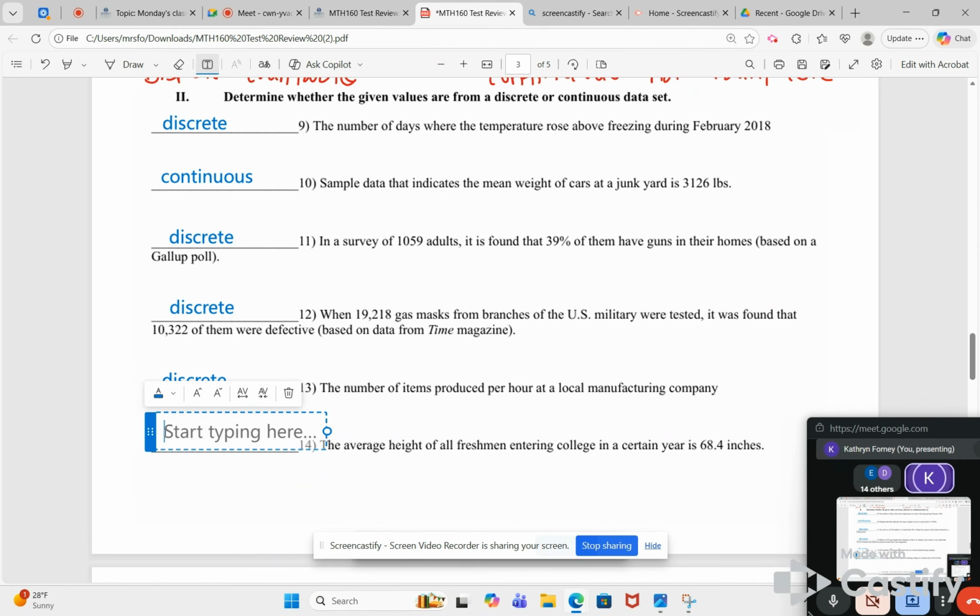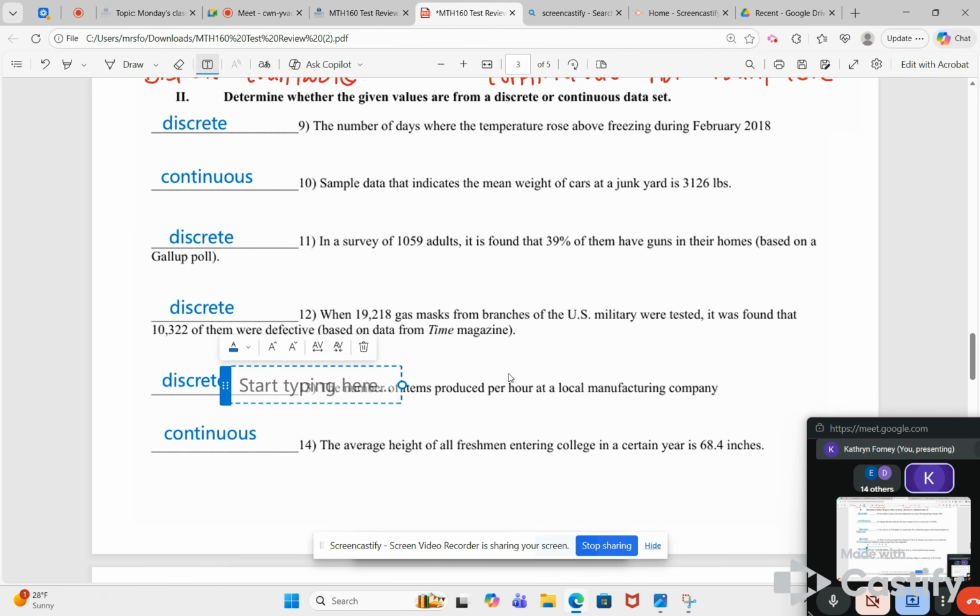The average height of all freshmen entering college is 68.4. So that would be continuous because, again, we're looking at an average. And to be fair, for 13, I would take discrete or continuous because if we're looking at number of items produced per hour, not in an hour, you might be looking at this as an average as well.